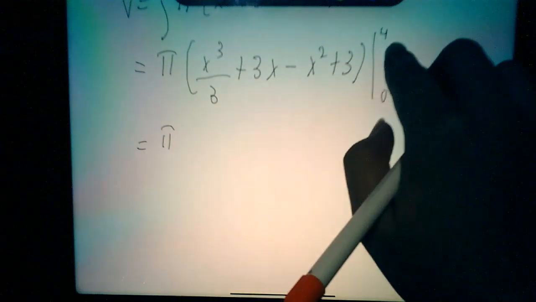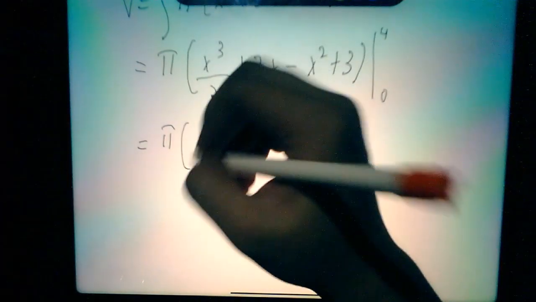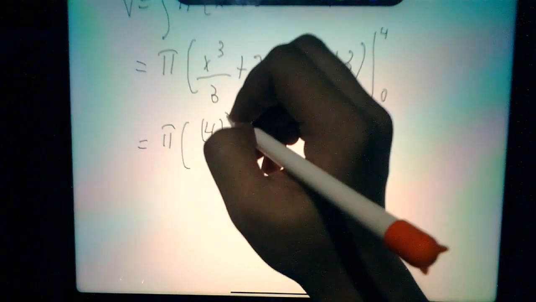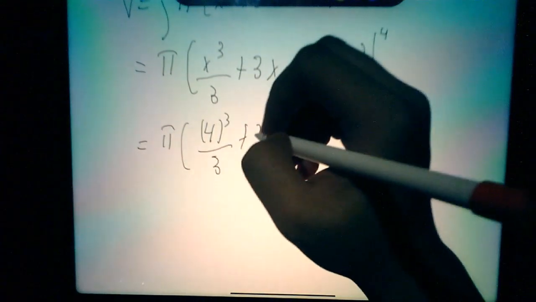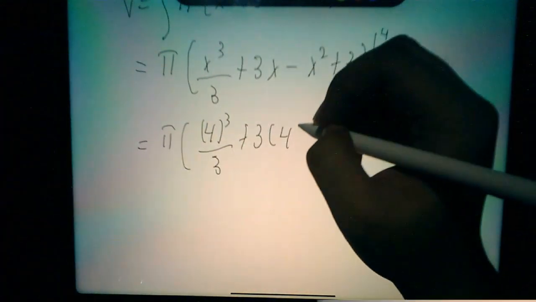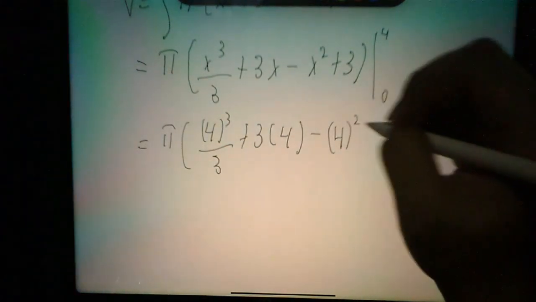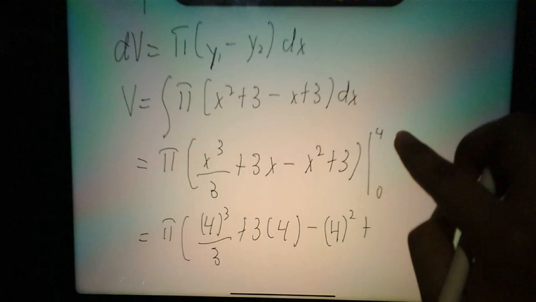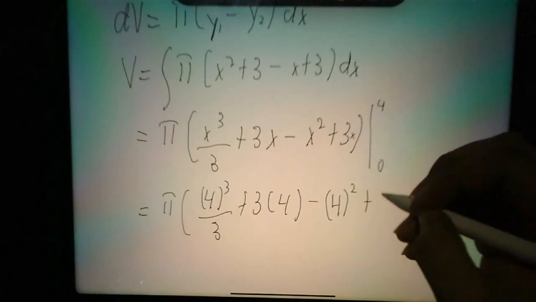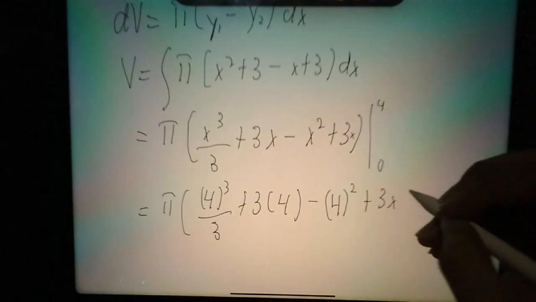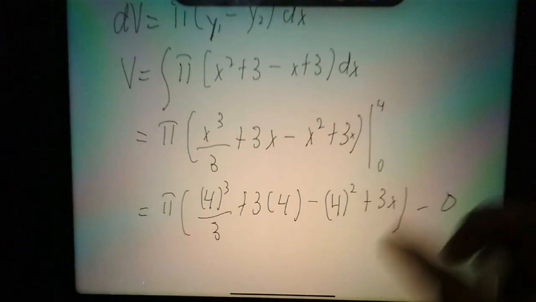So this will become pi by substituting the value 4 to the x. This will become 4 raised to 3 over 3 plus 3 times 4 minus 4 squared plus 3x minus 0.